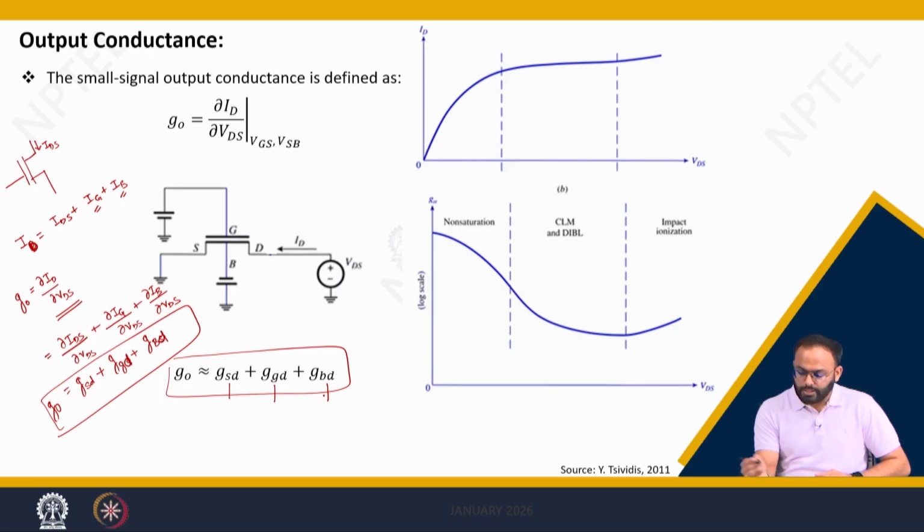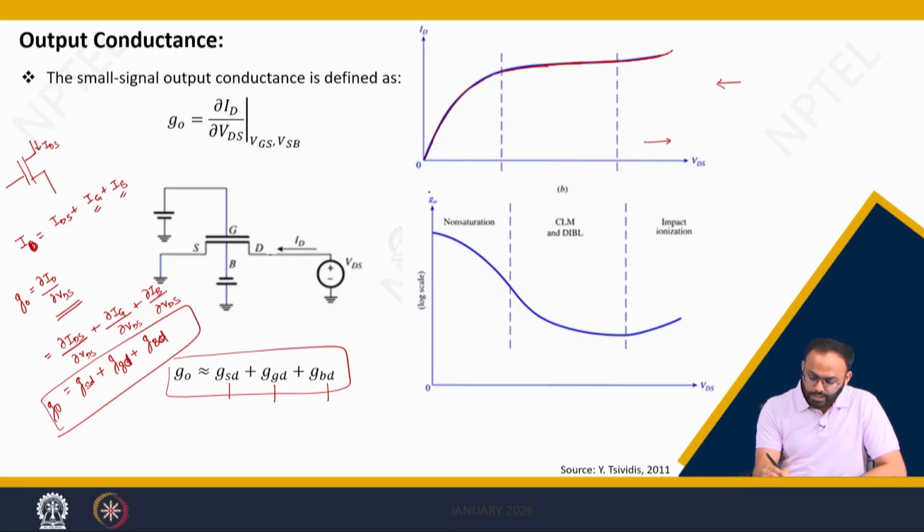Now, this can be seen from the characteristic which we plotted as ID versus VD. This is the output characteristic. We know that the output characteristic in the non-saturation region rises linearly, then it gets saturated. Because of CLM there is a finite slope, and if VDS is very high, then impact ionization occurs and the current rises, right.